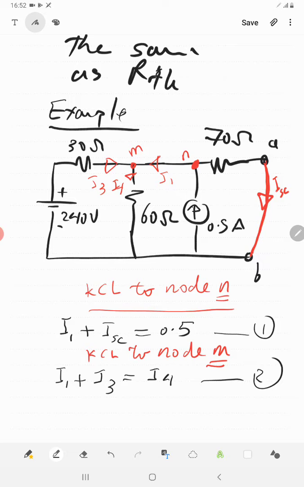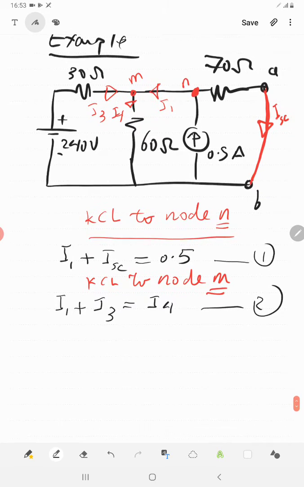How many equations do we have? 2 equations. How many unknowns? We have I1, I3, I4, and the short circuit current.